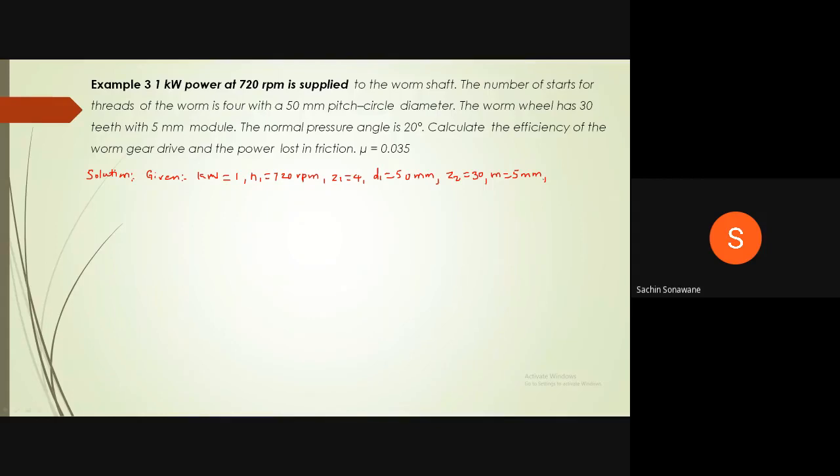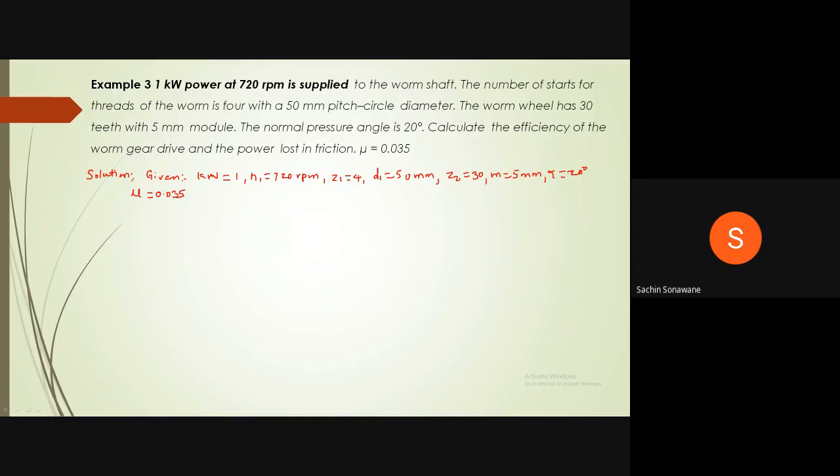The pressure angle is 20 degree. Pressure angle is denoted by letter alpha. Alpha is equal to 20 degree, and coefficient of friction mu is equal to 0.035. Therefore, we have to find out power lost in friction and also determine efficiency.